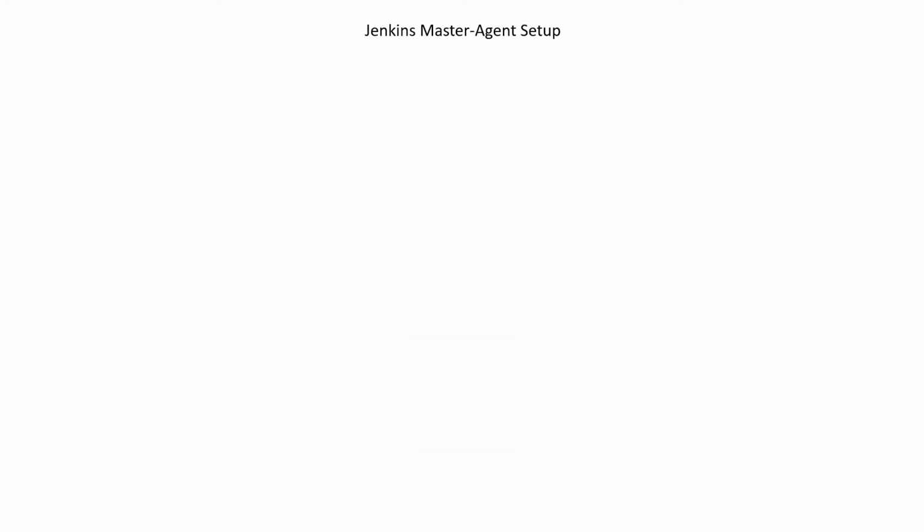So, Jenkins Master Slave or Master Agent setup. Hold on. Before moving into the explanation, let me share a small principle, the RAN principle. What is this RAN principle? R for read, A for analyze, and N for note.